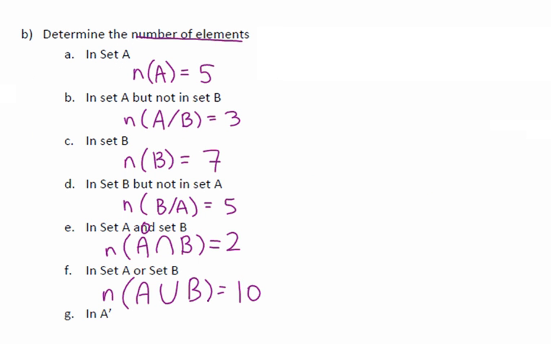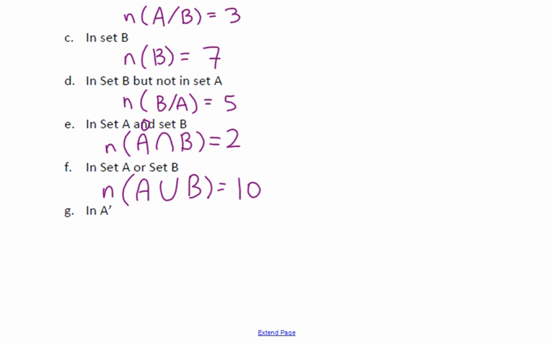Okay, what does this mean? Not in A. What is it called? It has a name, the complement of A. So the number of elements in the complement of A. How many are not in A? 5. It's the same as what's in B and not A, right?